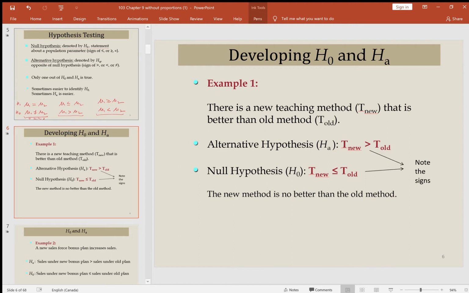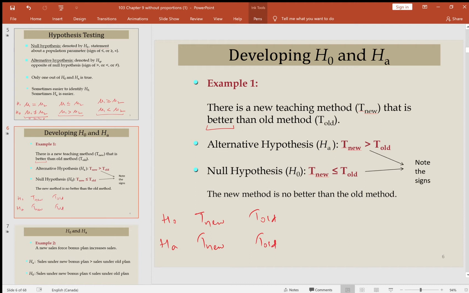So there is a new teaching method that is better than the old method. So focus on the word better. It is giving us a direction. A new teaching method that is better than the old method.